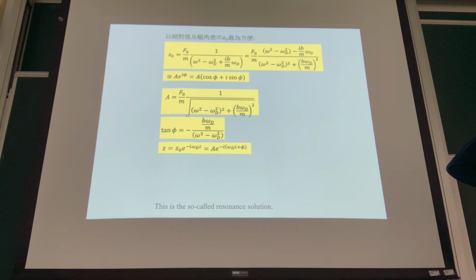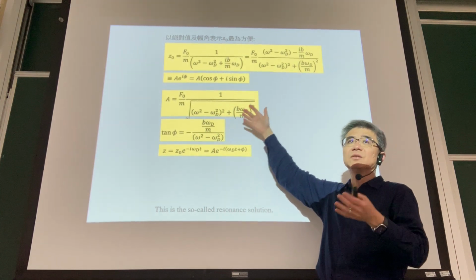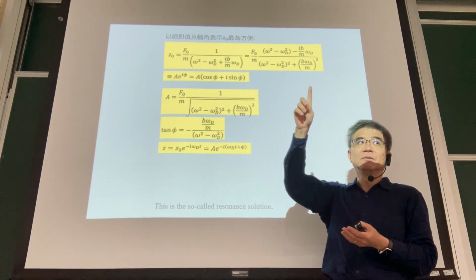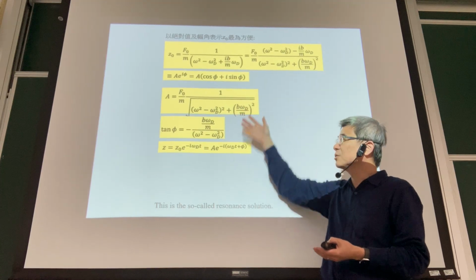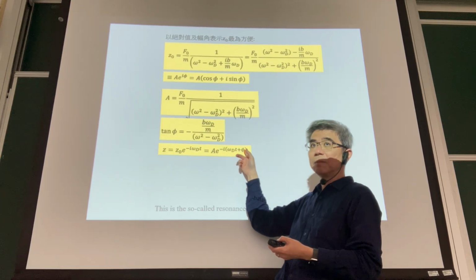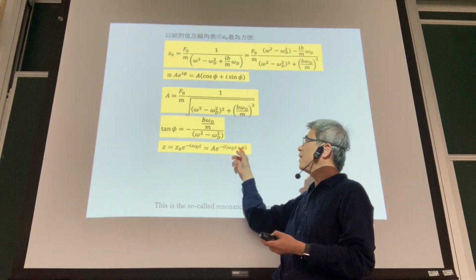Rationalization, I don't know how to say it in English. Rationalization means taking this complex number and turning it into a real denominator with a complex numerator. After some calculation, you can get that its absolute value is this result, and its phi is this result. Again, let me emphasize, in these two expressions, nothing is unspecified. Everything is specified. So we are talking about one solution. That solution equals A times exponential minus I omega d t plus phi. But instead of phi and A as unspecified constants, now A is this, phi is this.